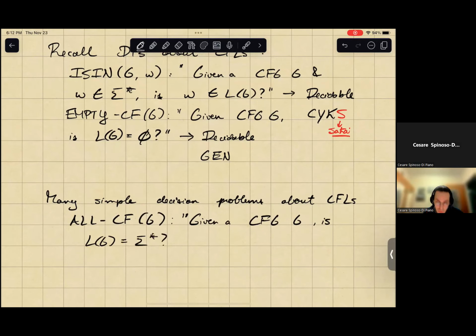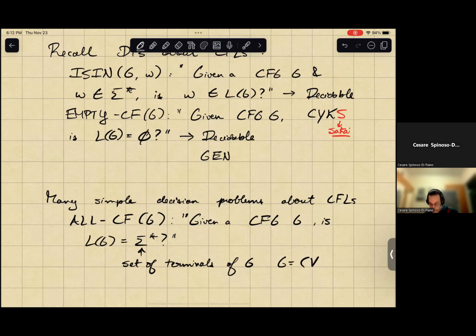Okay, so in other words, in the set of terminals of the grammar G, is L of G equal to the set of all strings that are defined over that set of terminals? So in this case, sigma refers to the set of terminals of G. Because remember, G is a four-tuple.